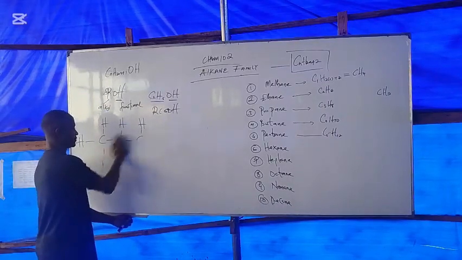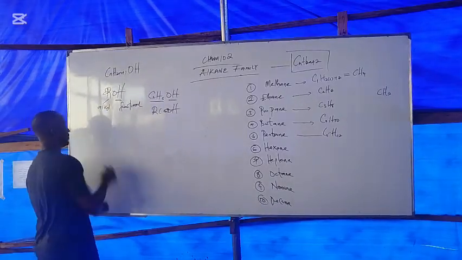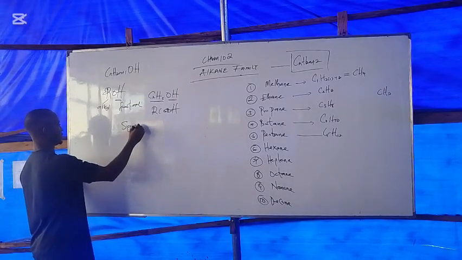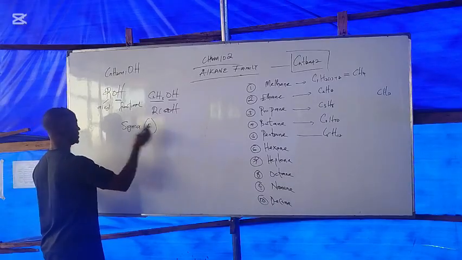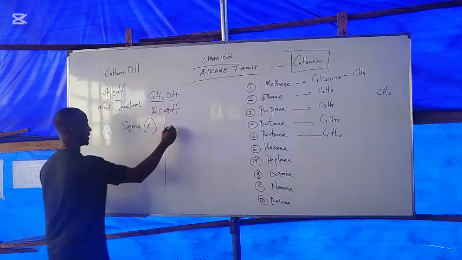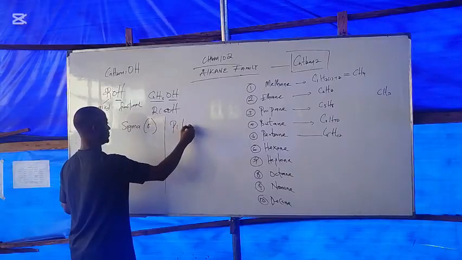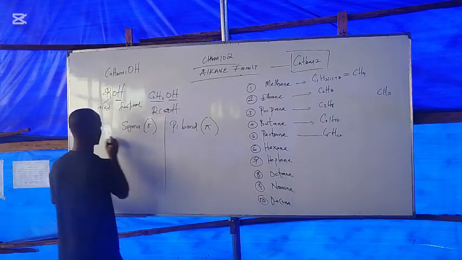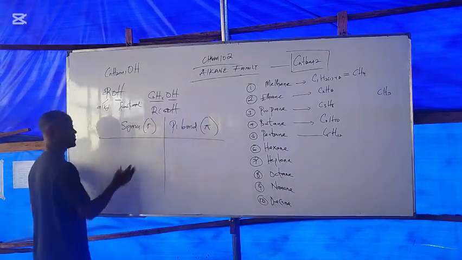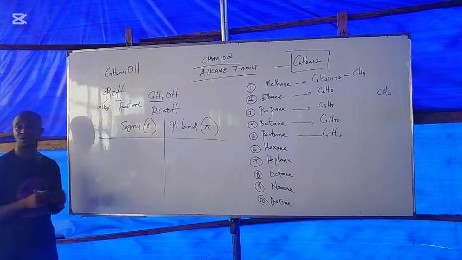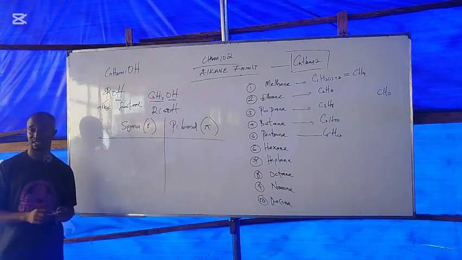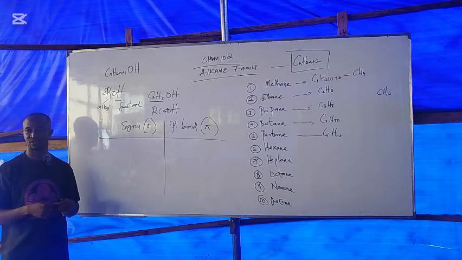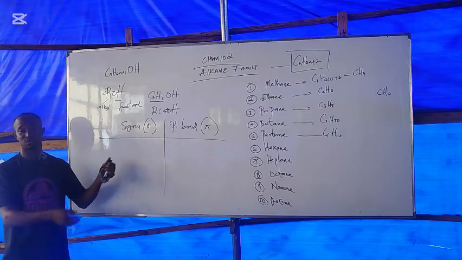We have two types of bonds. We have what we call the sigma bond, and then we have the pi bond, your normal pi symbol. Sigma bonds are called single bonds. The first bond carbon links with itself or other elements is what?